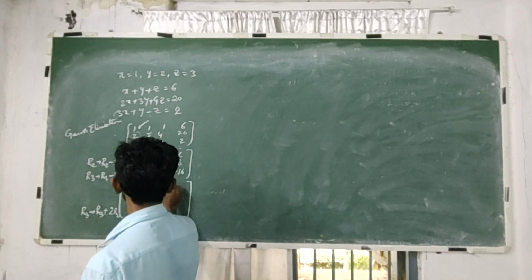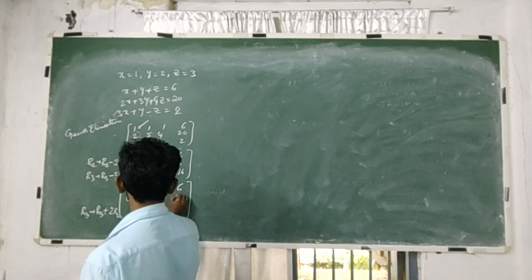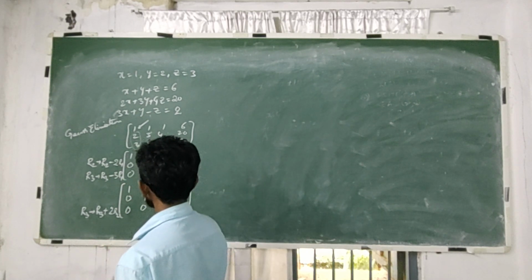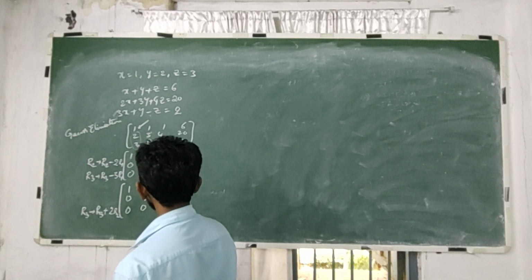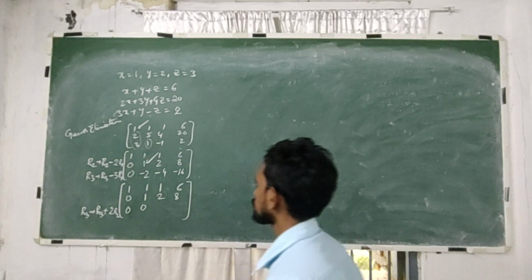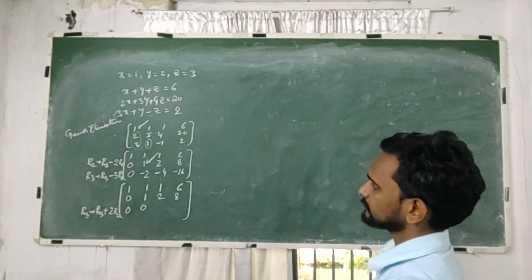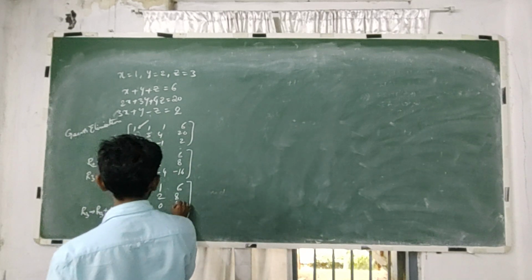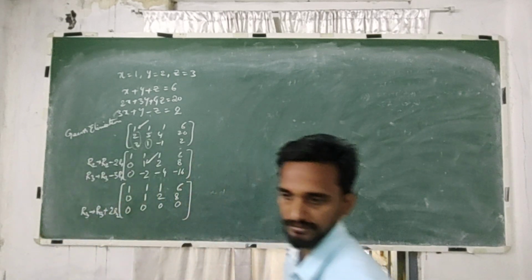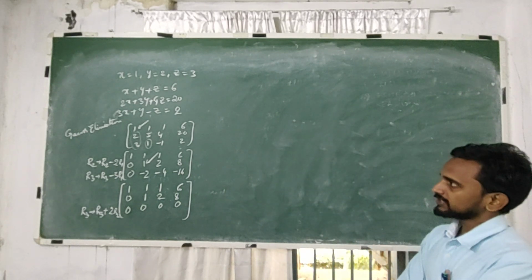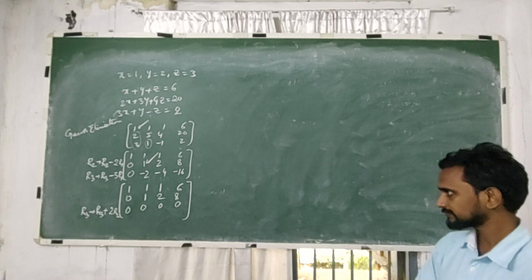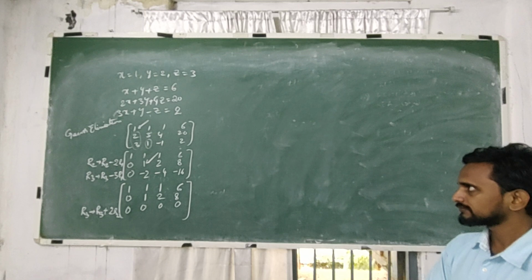This is 1 1 1 6, 0 1 2 8, 0 0, what? So this set of equations are becoming dependent. These are linearly dependent, so we cannot get a solution from this. So I have to take another set of equations.